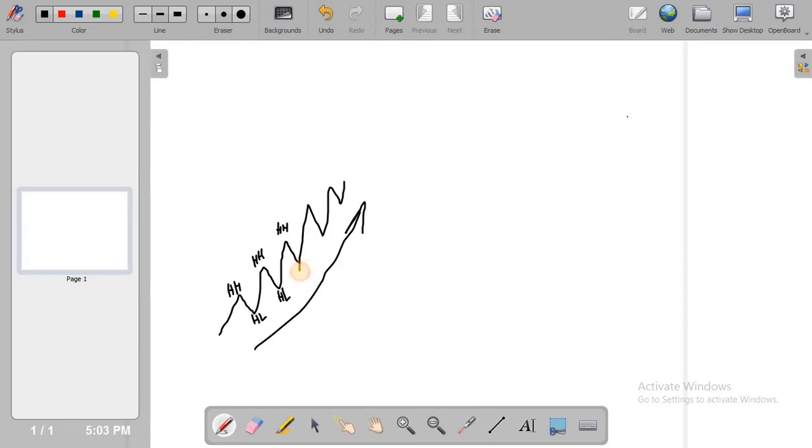Here is a higher low, the same thing here, higher.